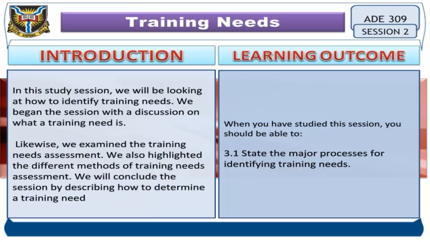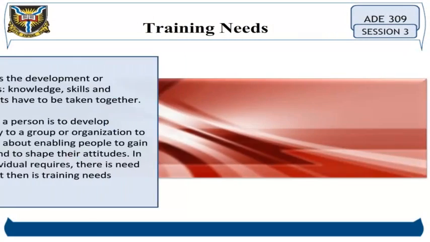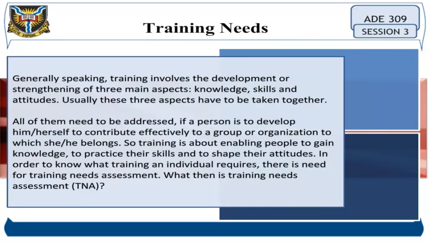Learning outcomes. When you have studied this session, you should be able to state the major processes for identifying training needs. Training needs. Generally speaking, training involves the development or strengthening of three main aspects: knowledge, skills, and attitudes.